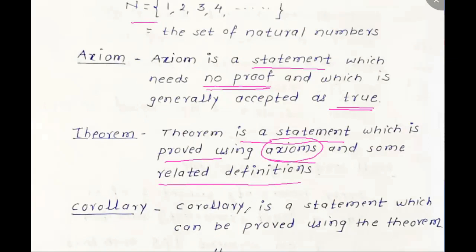What is a corollary? A corollary is a statement which can be proved using the theorem. So first we study the theorem and then we write the corollary. So these are the definitions for axiom, theorem, and corollary.